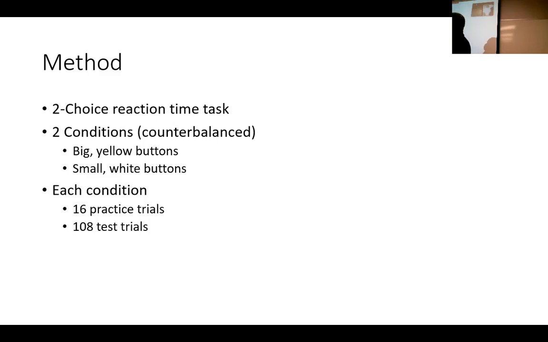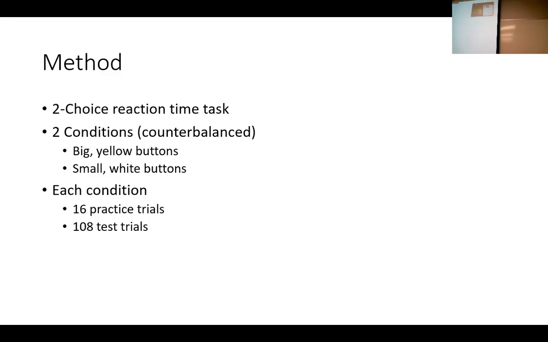So we're going to do two choice reaction time. We've got two conditions. You're either using the big yellow buttons or the small white buttons. And I forget the exact counterbalance, but let's say participant 1 starts with this one and then does this one, and participant 2 would do the opposite order, and so on to counterbalance starting condition or maybe fatigue throughout the experiment.